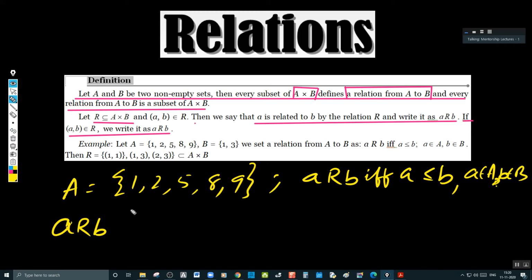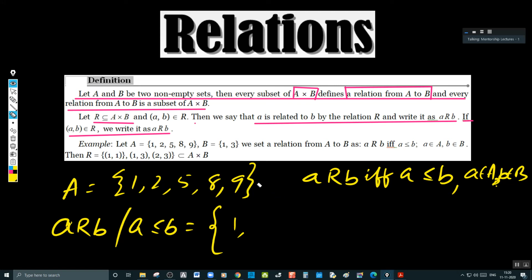A related to B such that a is less than or equal to b. Let us write it in ordered pairs. If you place them in ordered pairs, it is like this. A is 1, a is less than or equal to b. And what is B given? 1, 3. Let me write that. B is {1, 3} here. I did not write that.